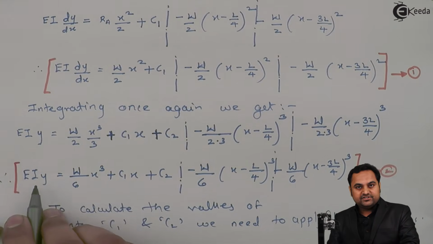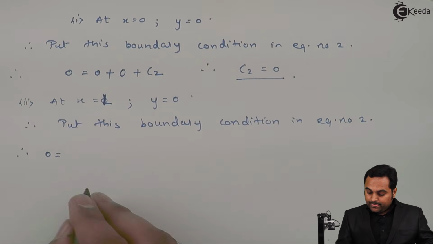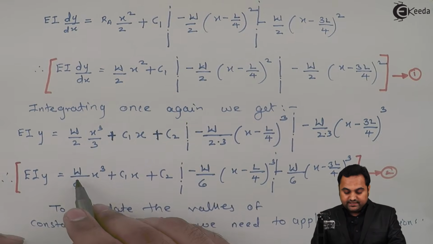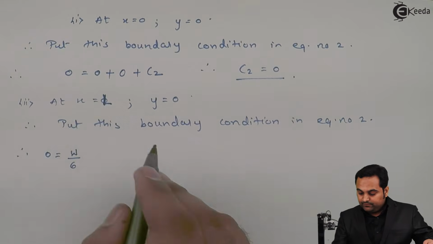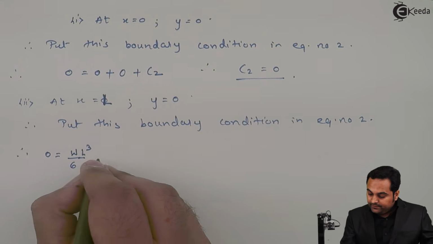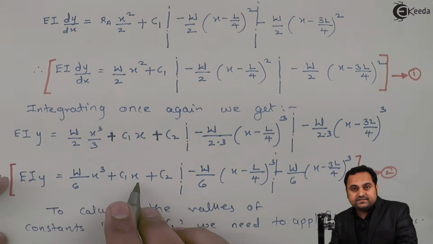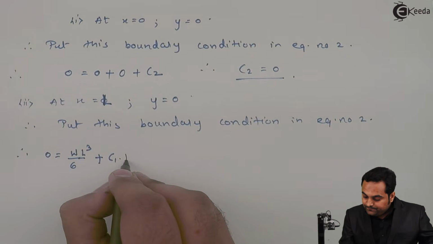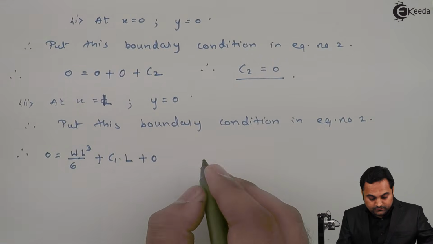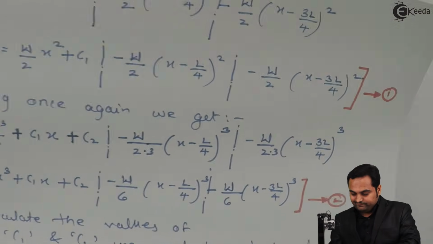So we have the left hand side as 0 because y is 0. Next, on the right hand side I have w by 6, which is as it is. Instead of x, I'll put the value capital L, so capital L cube. Then plus c1 is as it is, x is L, plus c2 is 0, then minus w by 6.